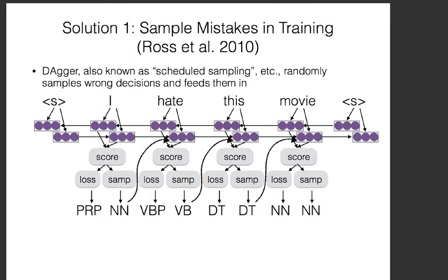In addition to calculating your loss function, you also randomly sample something from the probability distribution. Every time you calculate your loss function according to the true answer, but instead of using the true answer to input back into your neural network, you input a random sample.